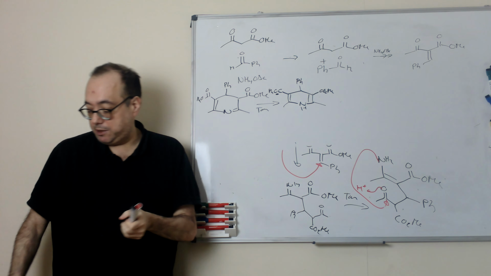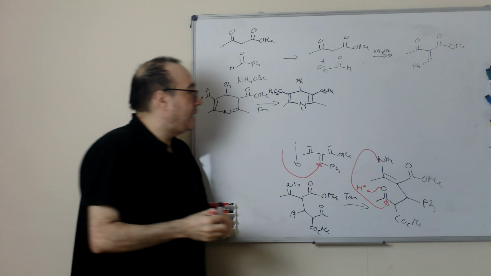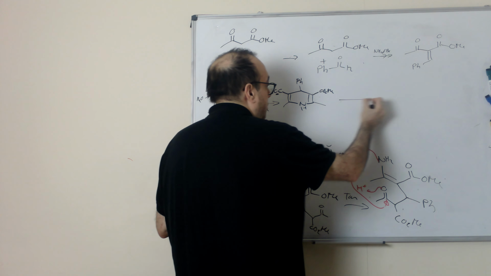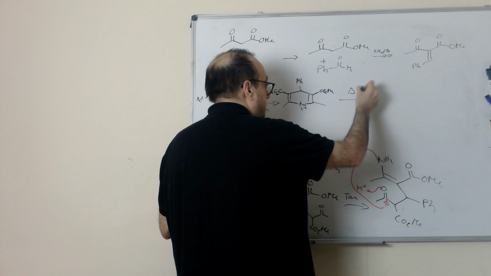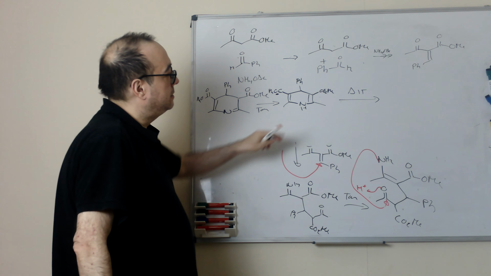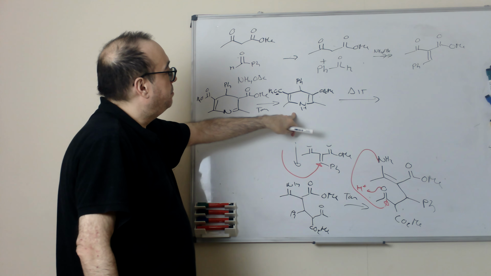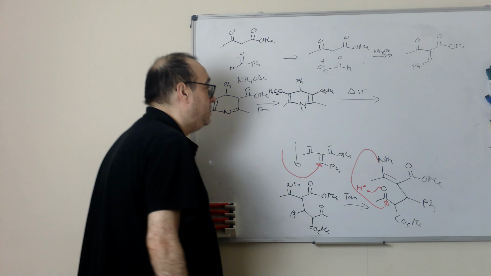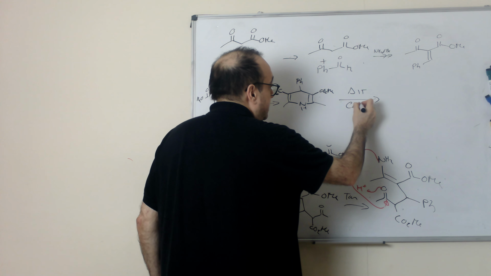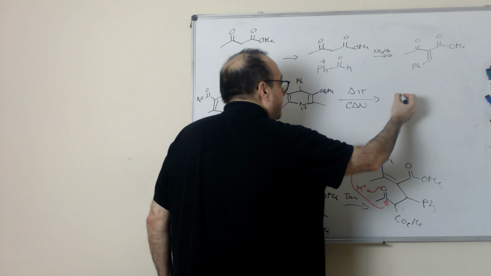Once I have the dihydropyridine, I have to oxidize, and as before, I can use air. Basically, this is very easy to oxidize with oxygen, or CAN, to obtain the final compound.